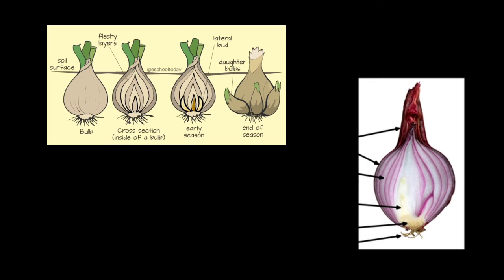The main bulb is the main body, the larger piece, but this daughter bulb has started growing out of it from a particular node of the plant, and then it will slightly detach itself from the main plant.